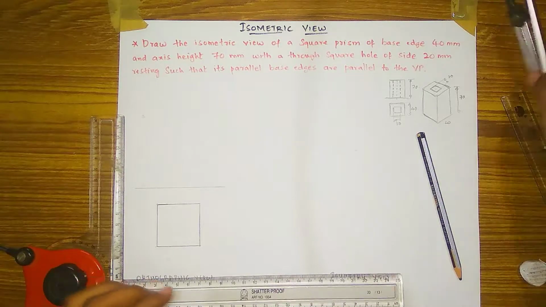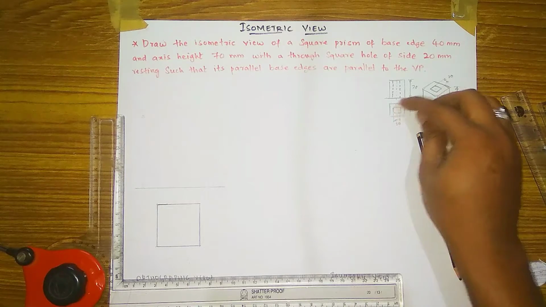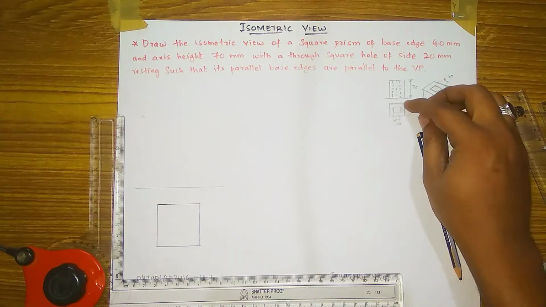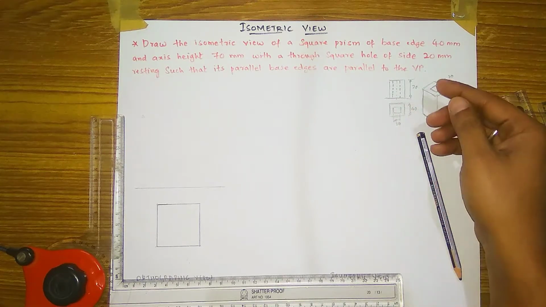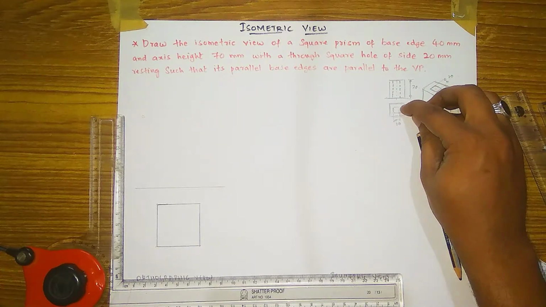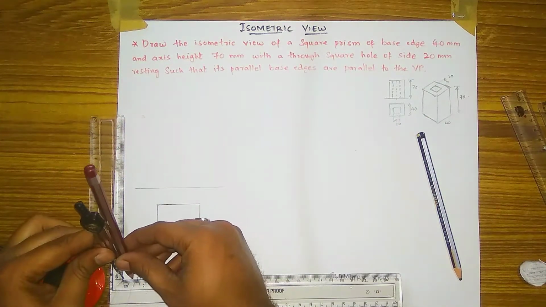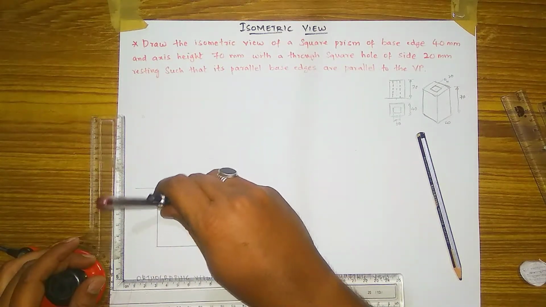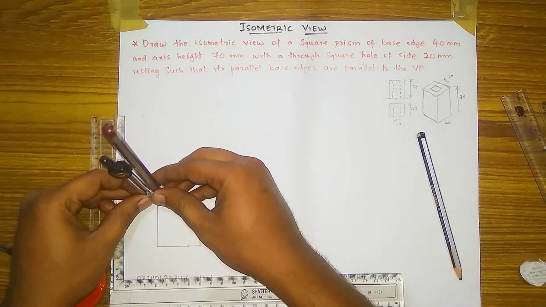I will show, 20 mm square means this is the 20 mm small square side, and this is 40 mm. So if you subtract, 40 minus 20, the remaining length will be 20 mm. That 20 mm distance will be 10 mm and 10 mm. So by taking 10 mm I can draw arcs like this, from here also.